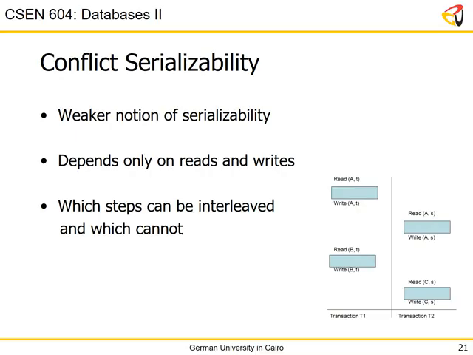The schedulers in database engines, what they actually do to solve this problem is that they generate a specific type of serializable schedules. This is called conflict serializable schedules. Now, conflict serializable schedules means that these schedules have been created by considering conflicts only.